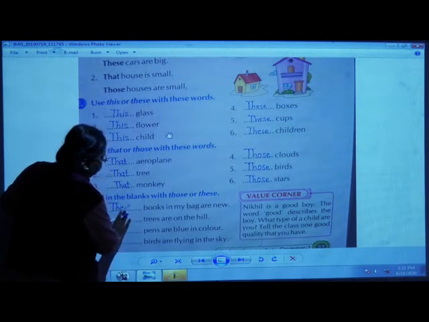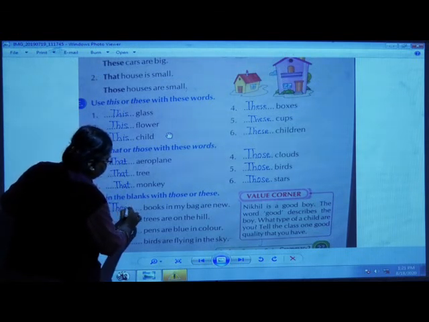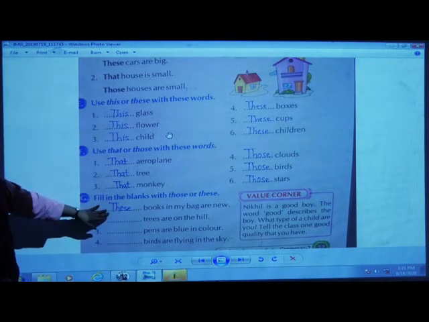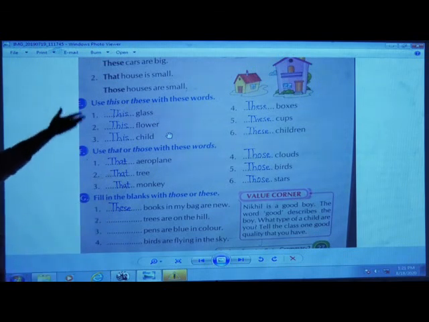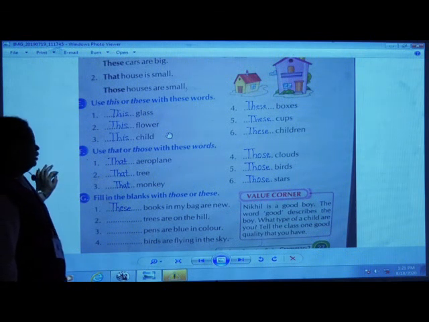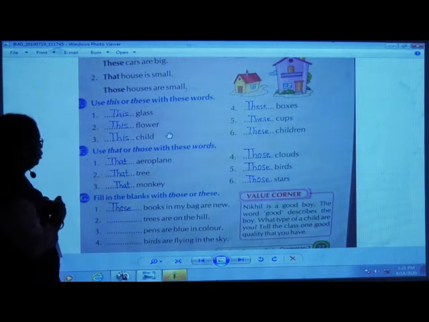We can't use those. Why can't we use those? Because it is not far from us. It is close to us, these. Those means which is very far. Then, those trees are on the hill.